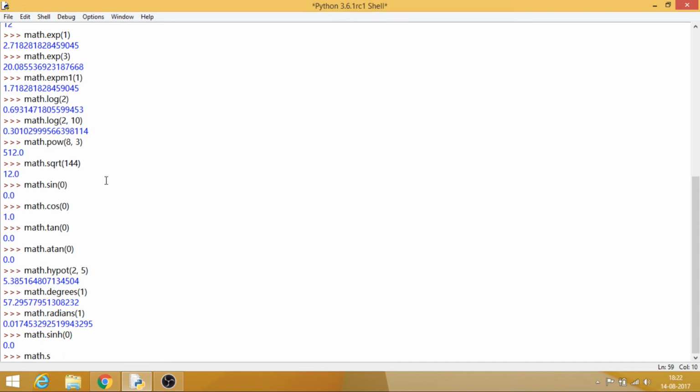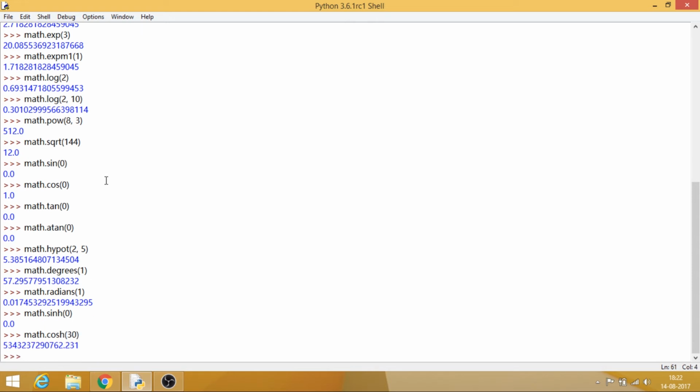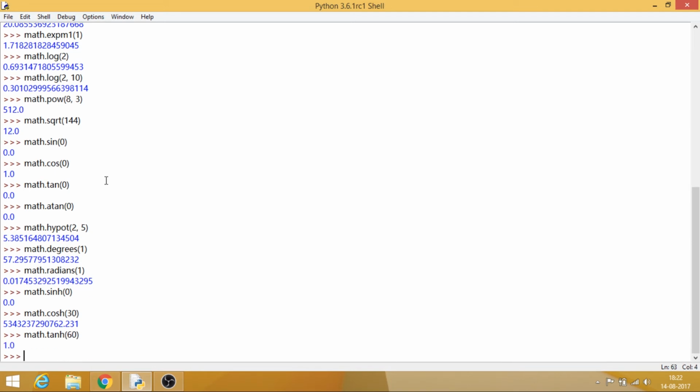You can enter anything over here basically, like cosh 30. Then we get the answer. In the same manner we have it for tan too. So let's say tanh 60, and it says 1. Fine. Okay, so these were some basic functions and methods.